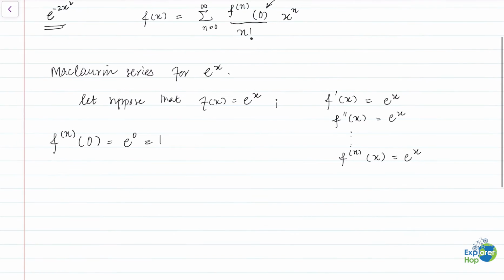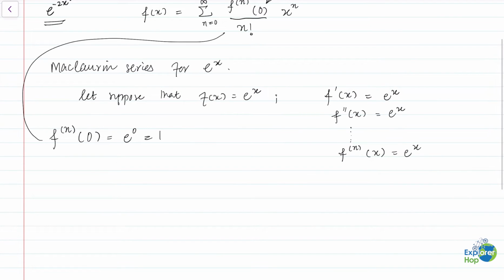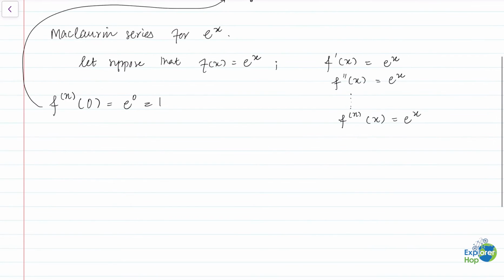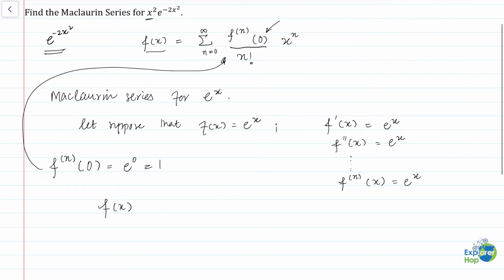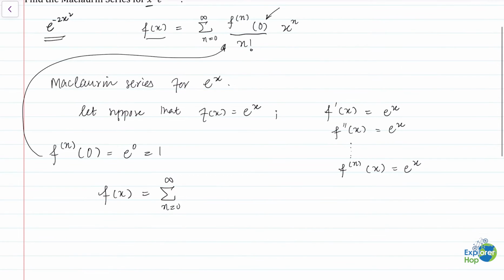So now we'll substitute this back into the formula in place of the nth derivative at 0, and we would get that f(x) is equal to the summation n equals 0 to infinity of 1 over n factorial times x to the power n.